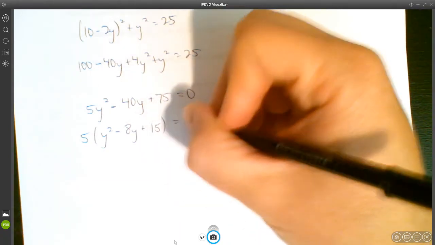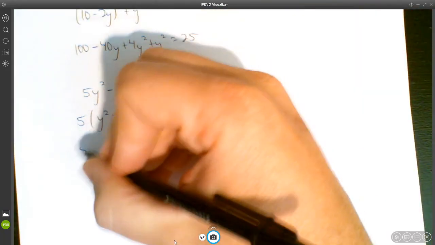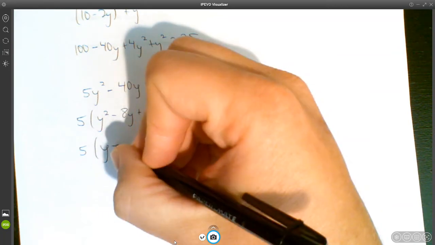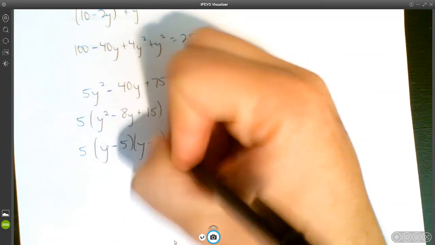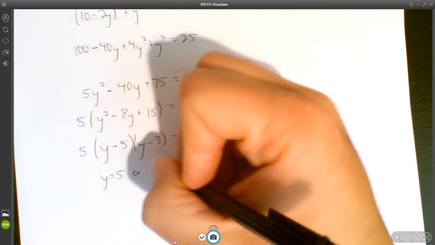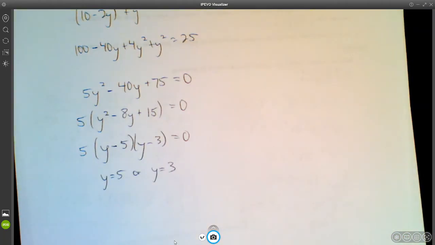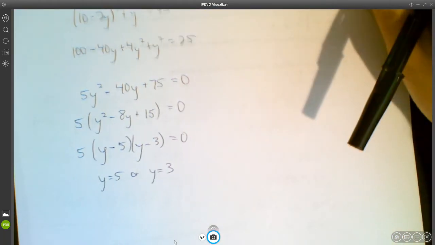Oh, that shouldn't have been so difficult. And I think I can factor this, right? This looks like it's going to be y minus 5 times y minus 3. So I get y equals 5 or y equals 3. Very good.